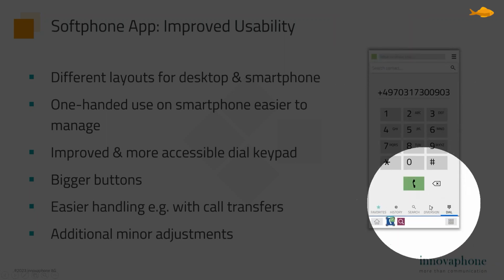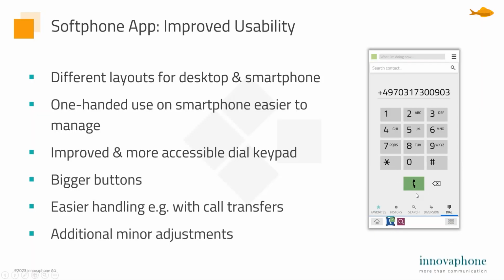So once again, that will simplify the use of the Softphone app on your mobile device. And of course, a lot of other additional minor adjustments have been made to guarantee you a simple and efficient usage of our Softphone on the mobile device.